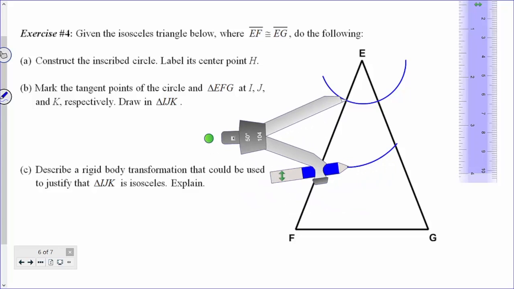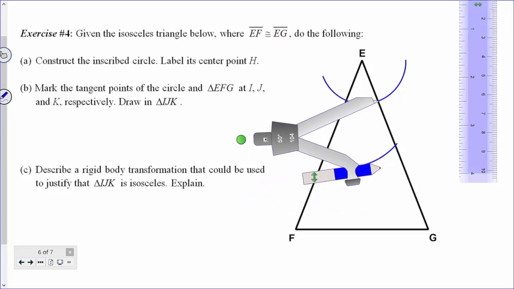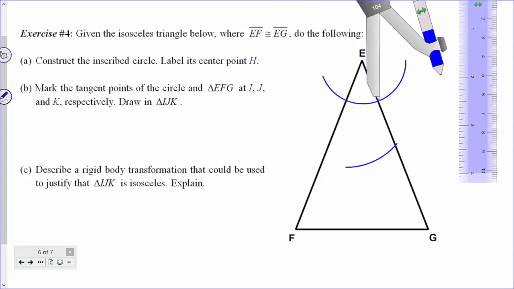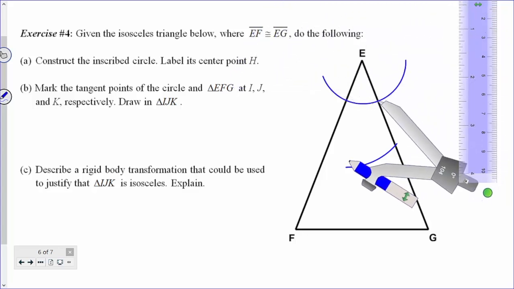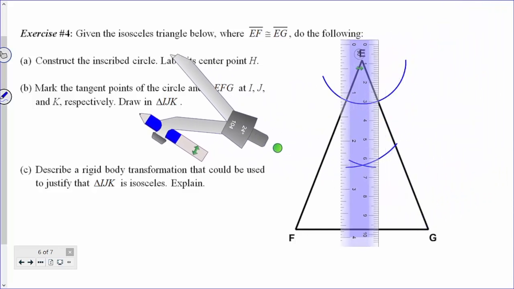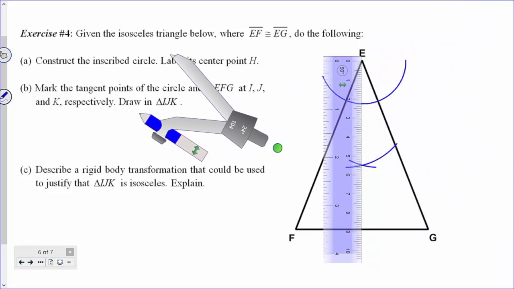Draw an arc there. Bring it over here. Switch, come all the way around. And there. Bring this thing down and draw that. Okay, so I just bisected the vertex angle.